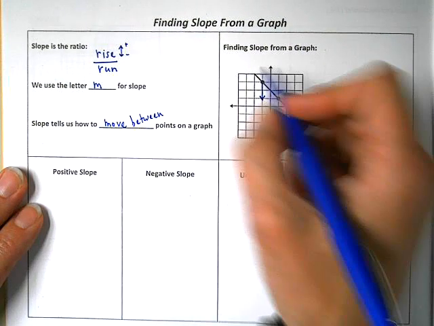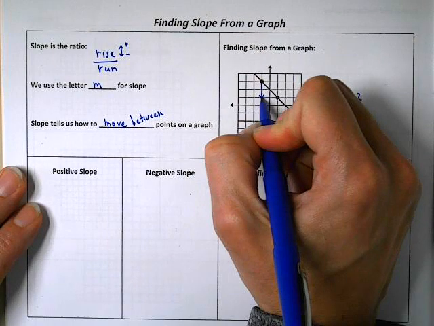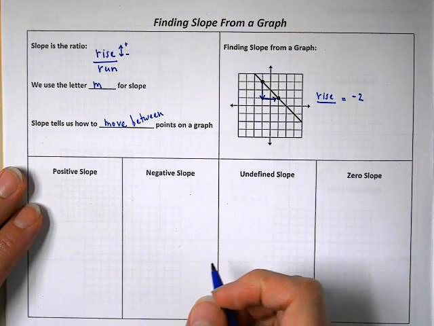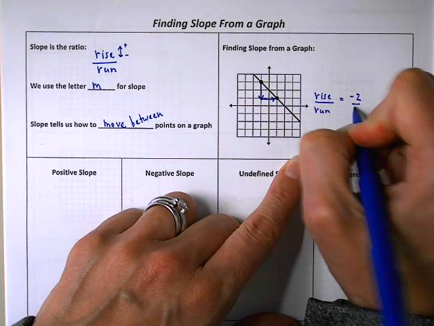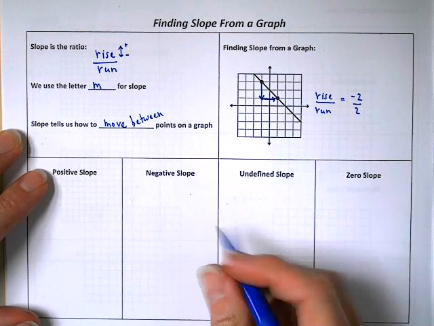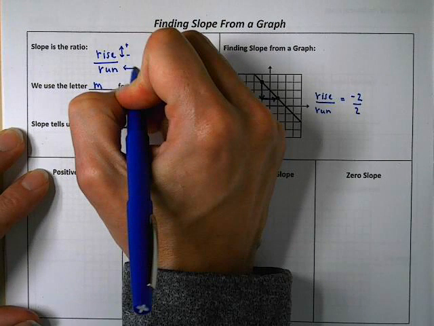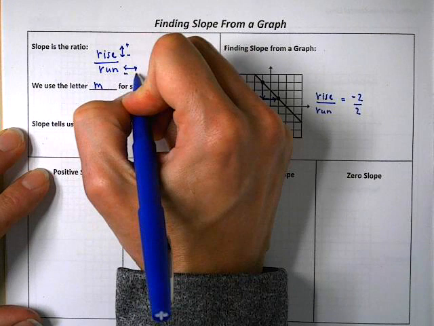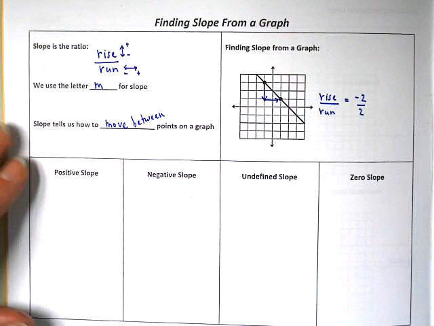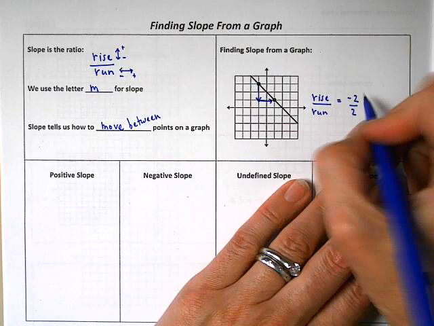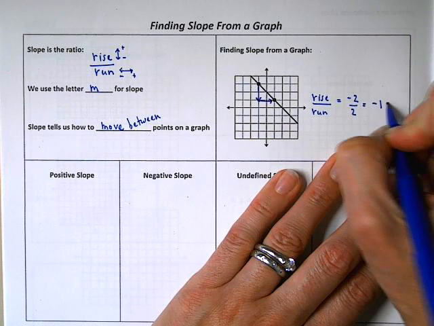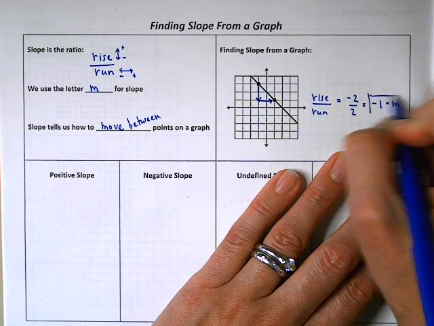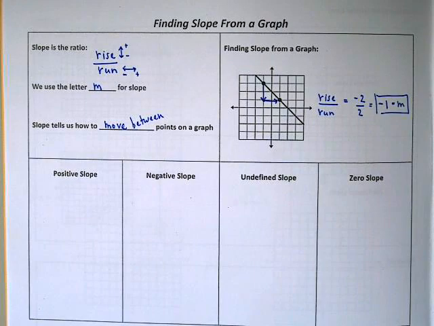And then my run tells me how far right or left. In this case, I'm going 2 to the right, so my run is +2. Again, my run tells me whether to go right or left, left being negative and right being positive. Now this I can simplify, so my slope is -1, and we use M to indicate slope.